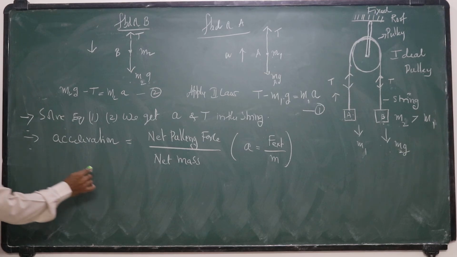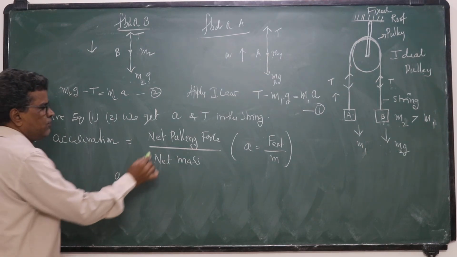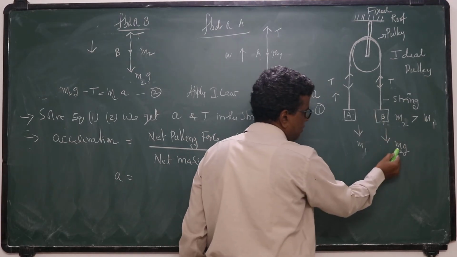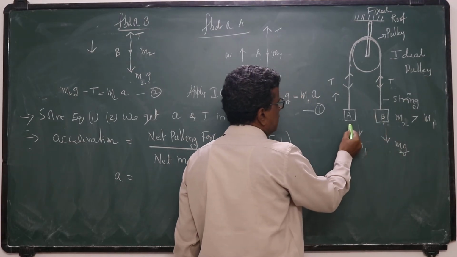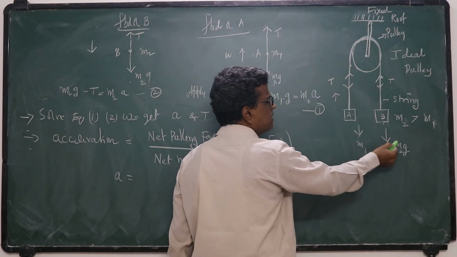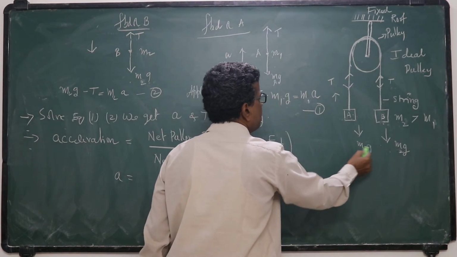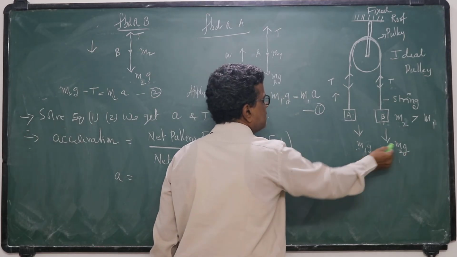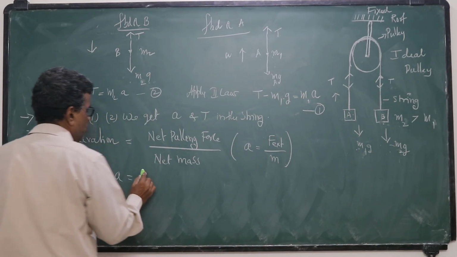So what is the acceleration of the system? The net pulling force: M2g is greater, M1g is also acting down but it is smaller, so the system moves down in the direction of M2. What is the resultant force on the system?